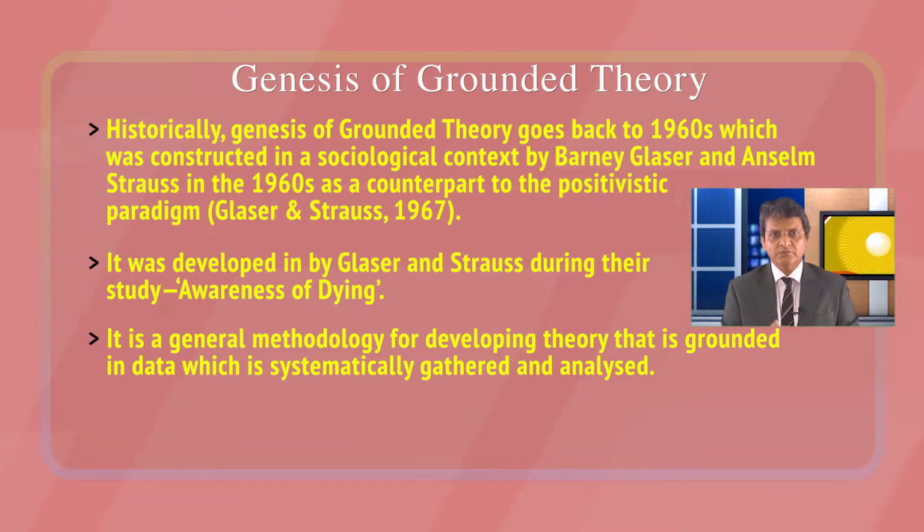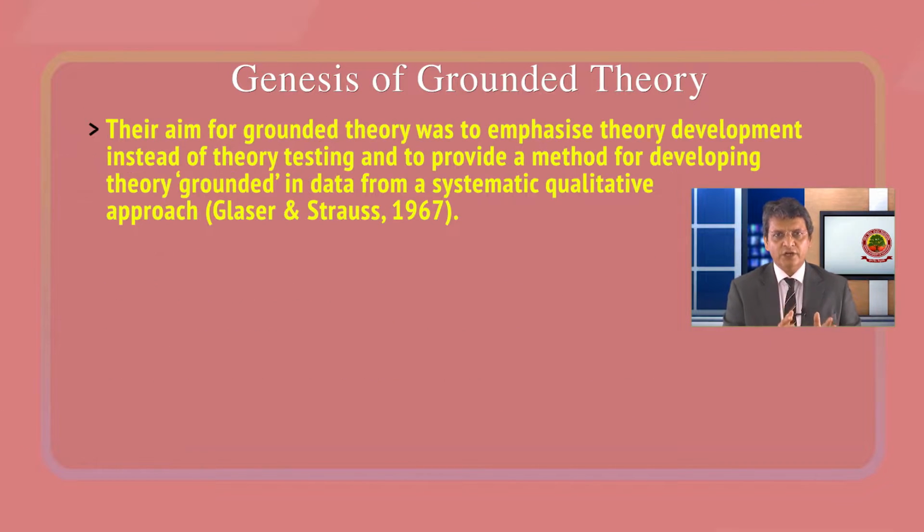It is a general methodology for developing theory that is grounded in data, which is systematically gathered and analyzed. Their aim for grounded theory was to emphasize theory development instead of theory testing and to provide a method for developing theory grounded in data from a systematic qualitative approach.